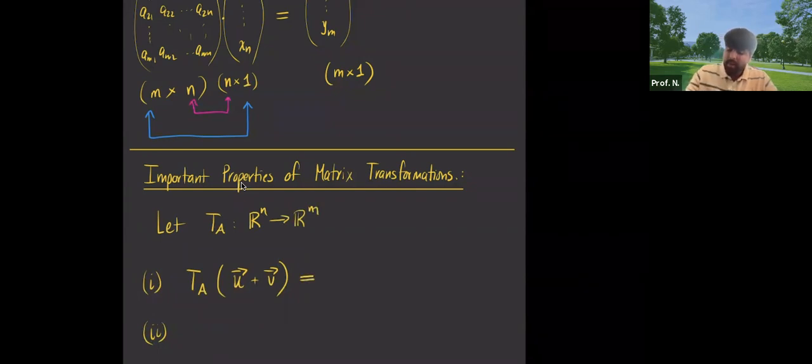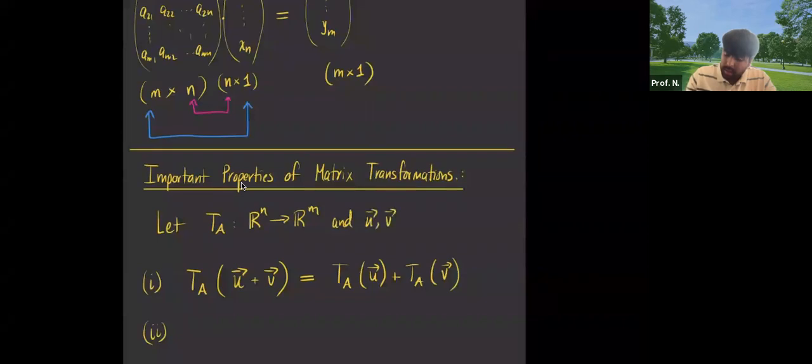Then what happens is you can take the matrix transformation of one of the vectors and add it to the matrix transformation of the other one, where U and V are in Rn.